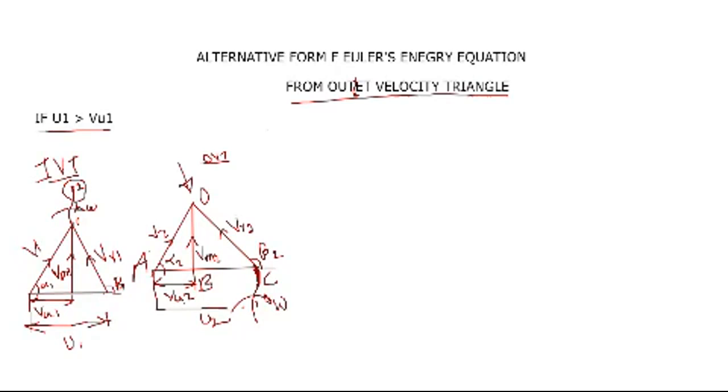V2 square equal to Vm2 square plus Vu2 square. Now you can write Vm2 square is equal to V2 square minus Vu2 square.